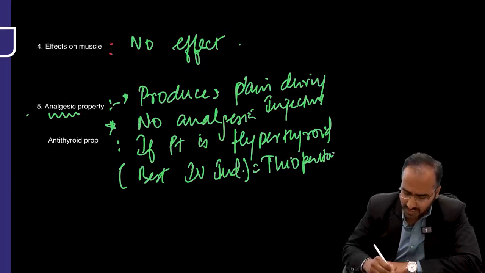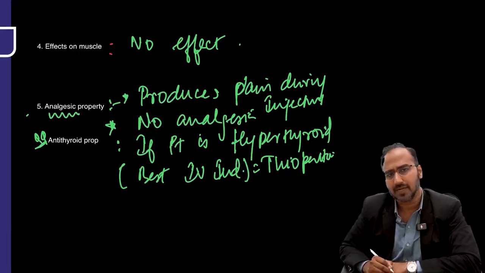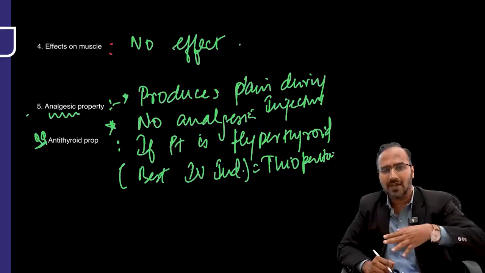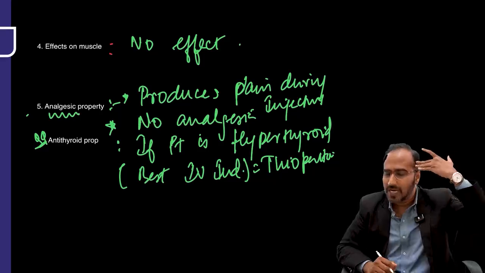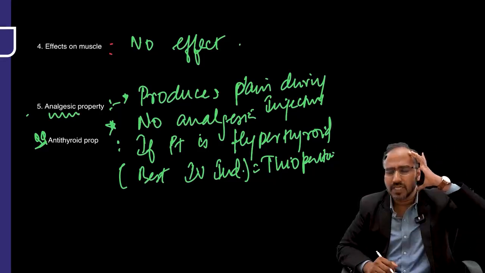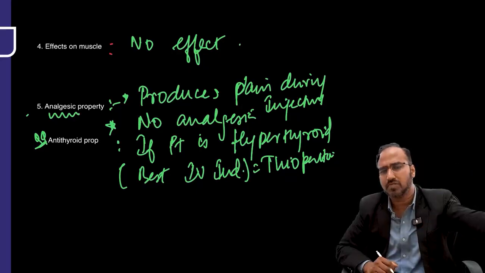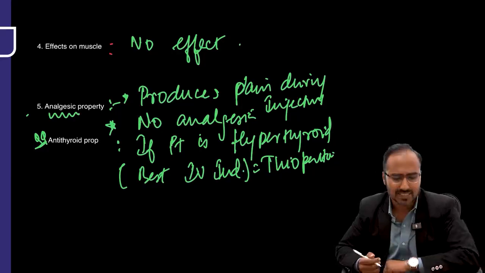Why? Because it is having anti-thyroid property. So these are the points of sodium thiopentone that we need to remember in context of the effects. Remember the one line? Best friend of CNS, enemy of others. Best friend of CNS means IV induction agent of choice for CNS problems. Whereas the enemy of others means contraindication for the diseases of other systems.